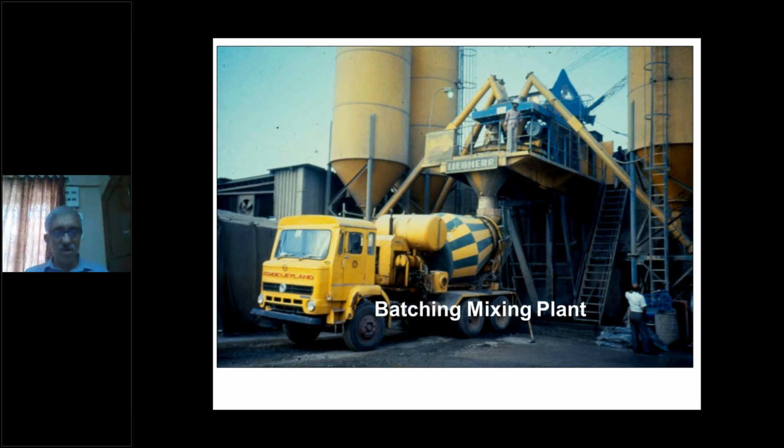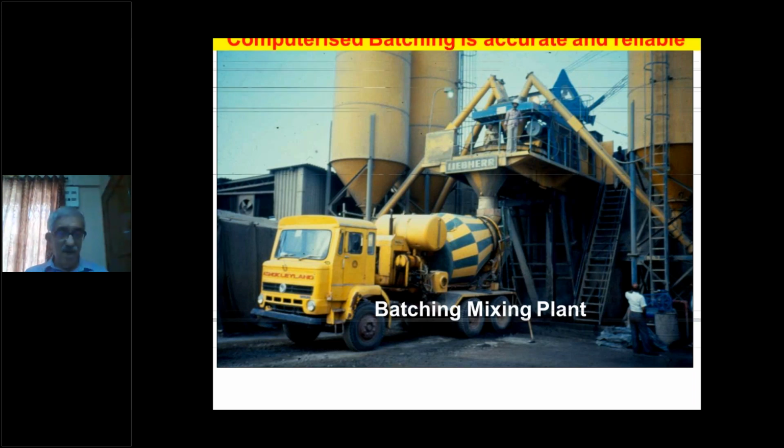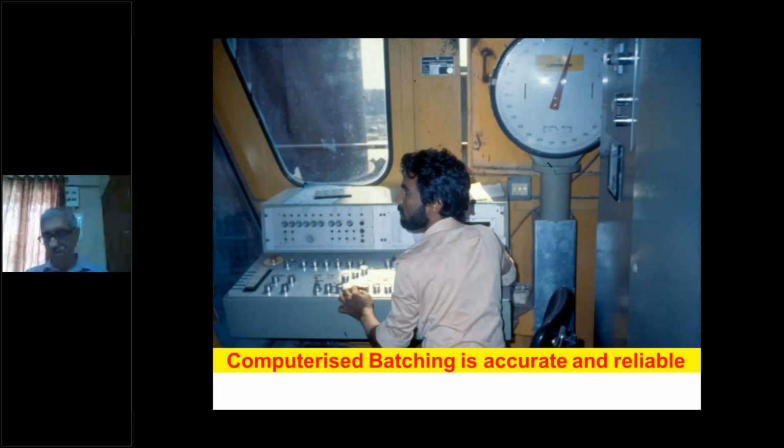The batching was so accurate that in spite of checking the calibration at every weekend, we found there was no change. The batching plant was functioning, the weighing was very accurate. This batching plant could work in 3 modes.